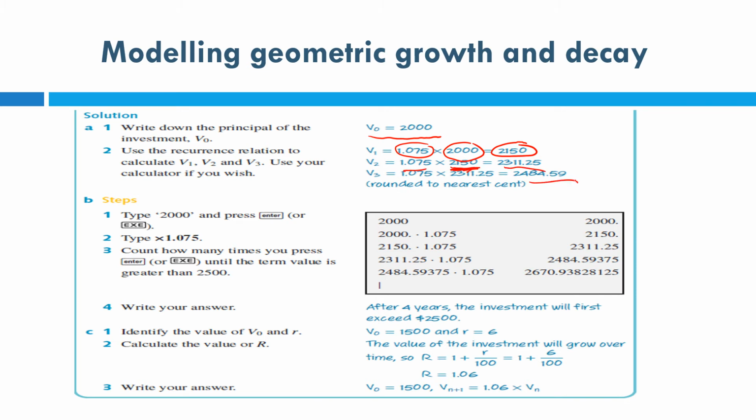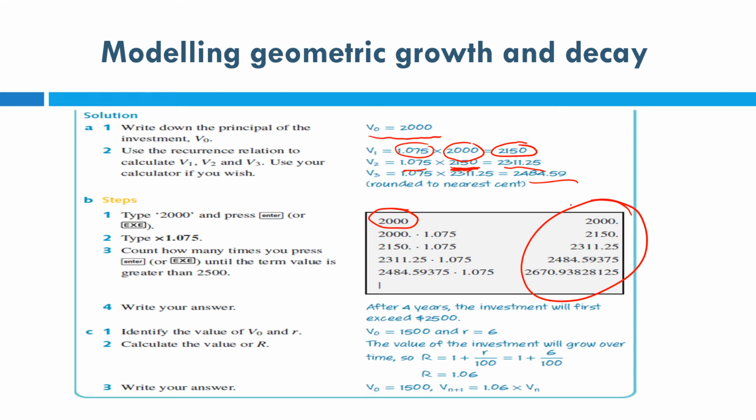These are the one by one steps and iterations that we would be working through as we did with linear, where we were just pressing enter each time once we'd set it up. So you've got the graphics calculator steps in the previous videos. Again, you would just enter 2000 into there, then times it by 1.075, enter, and then you keep pressing enter and it will generate that sequence for you.